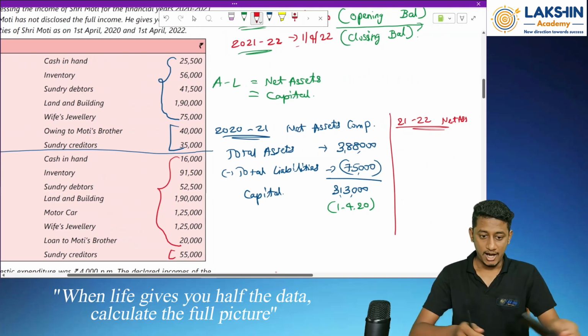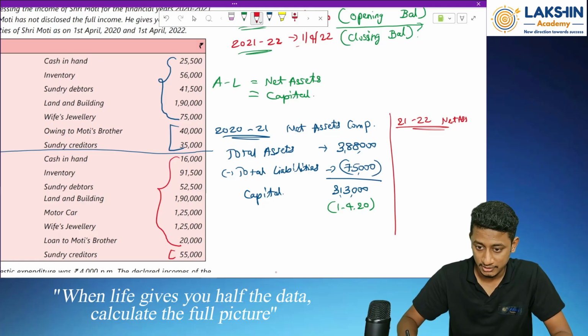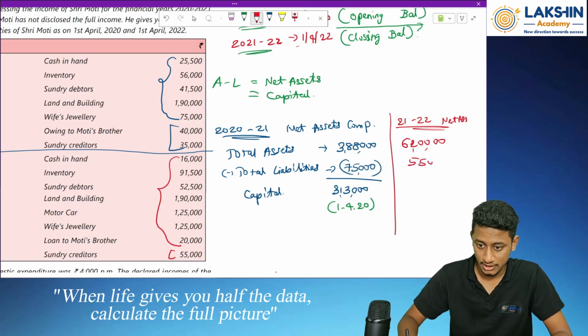So if I add and check the value, 16,000 plus 91,500 plus 52,500 plus 1,90,000 plus 1,25,000 plus 1,25,000 plus 20,000 equals 6,20,000. This is 6,20,000, I guess. Then 55,000 is the total liability value.